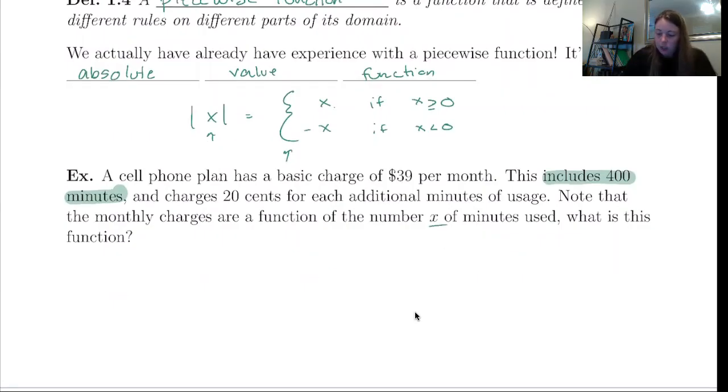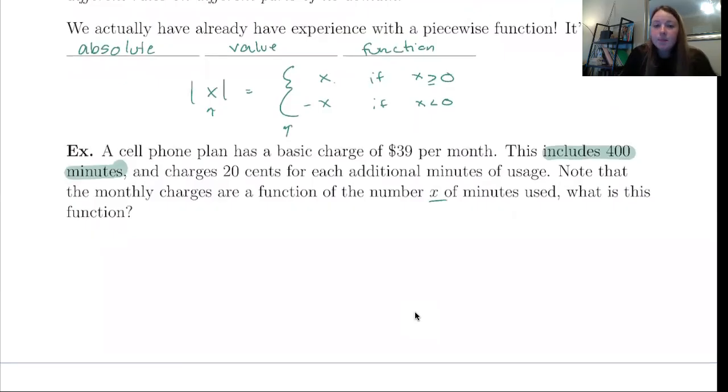What is that function? Let's call it C for cost. So C of x is going to be, draw my big squiggly brackets. I guess when you're a really old math professor, writing those brackets gets a lot easier because I can do them so fast, but then they're pretty messy.